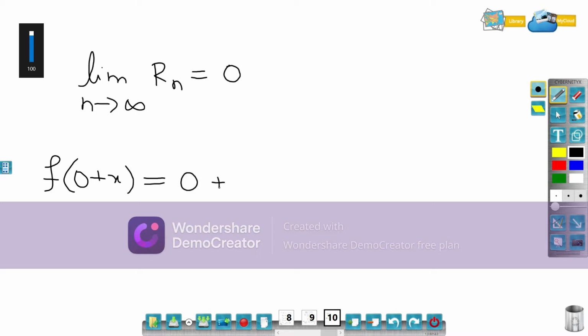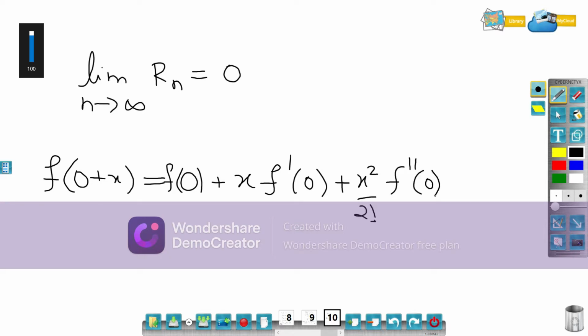So let me write down the terms: f of 0, then x f dash at 0 plus x square by 2 factorial f double dash at 0 plus x cube upon 3 factorial f triple dash at 0 plus so on and so forth.